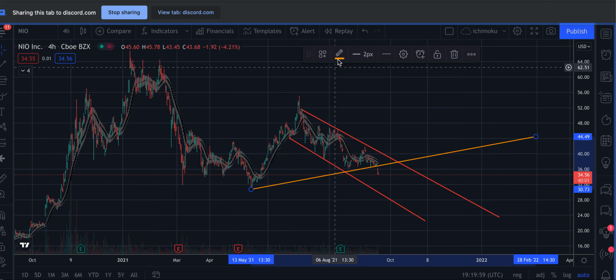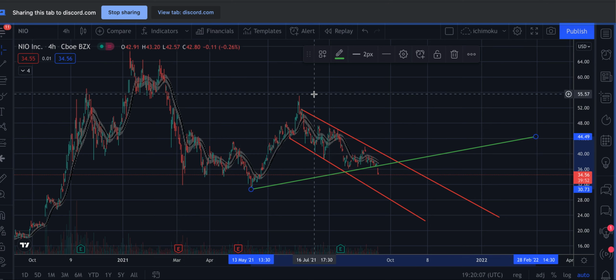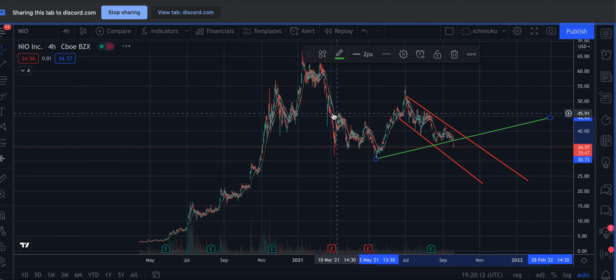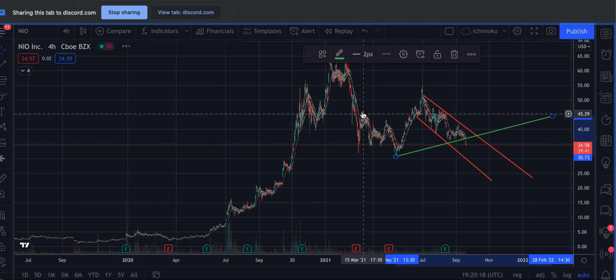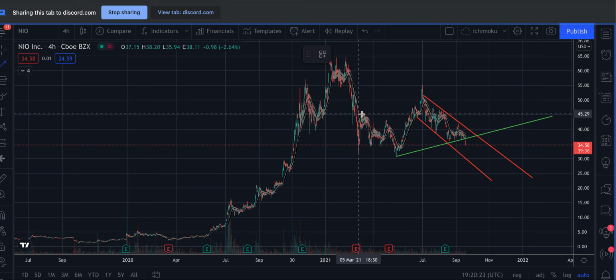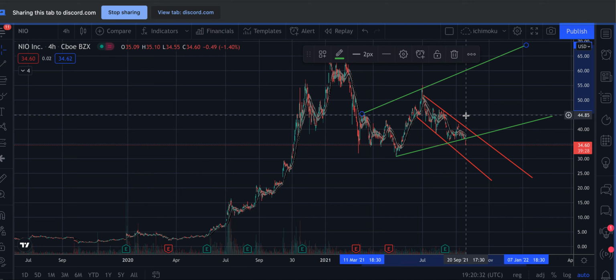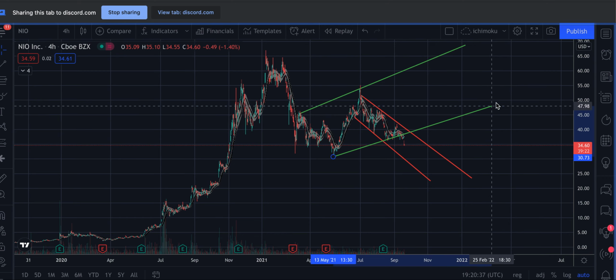And then uptrend, I'm going to do green. That was downtrend already right there.